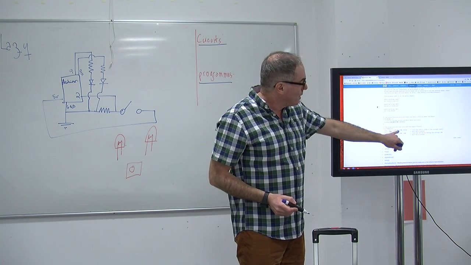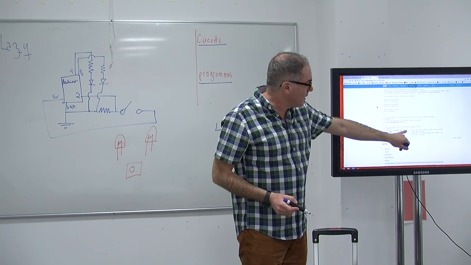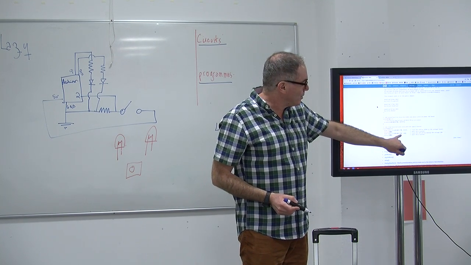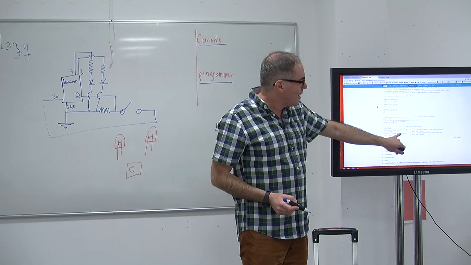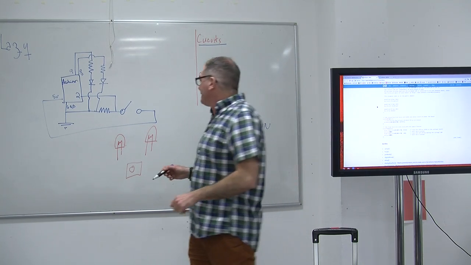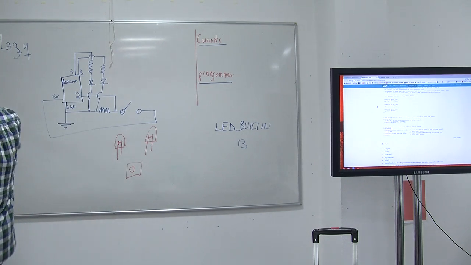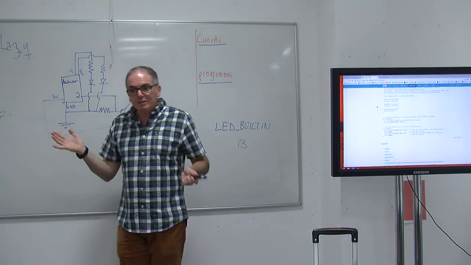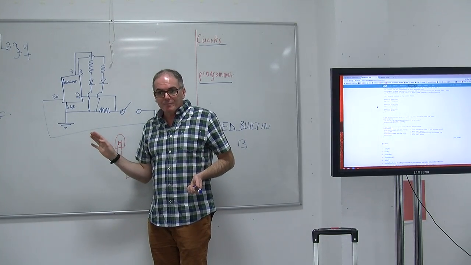And we write on pin 13 high, we wait 1,000 milliseconds, we write on pin 13 low, and you wait 1,000 milliseconds. In plain English, that means pin 13 on, wait 1 second, pin 13 off, wait 1 second. That's what it means in plain English, okay?